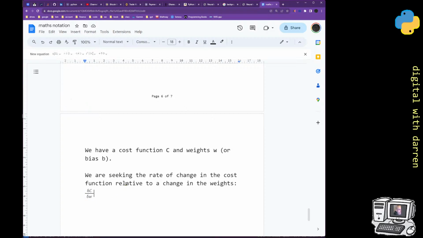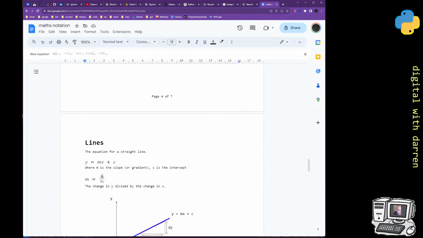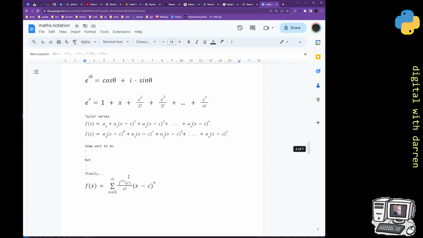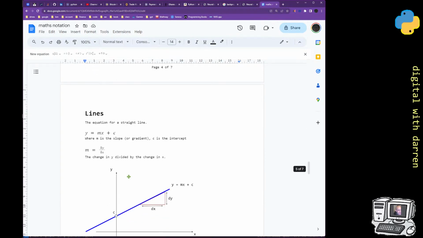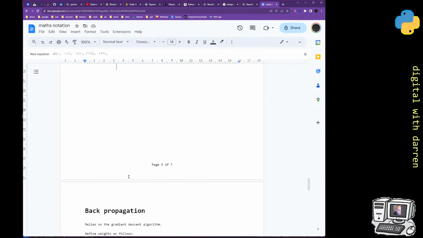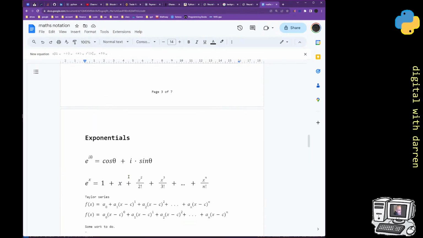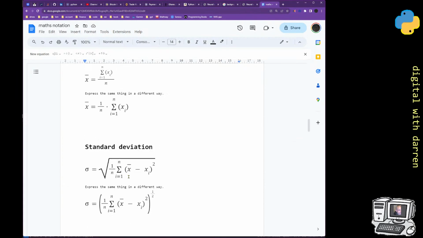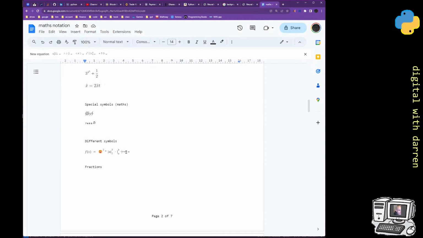This is a delta as well, so delta y over delta x. There is other notation here.